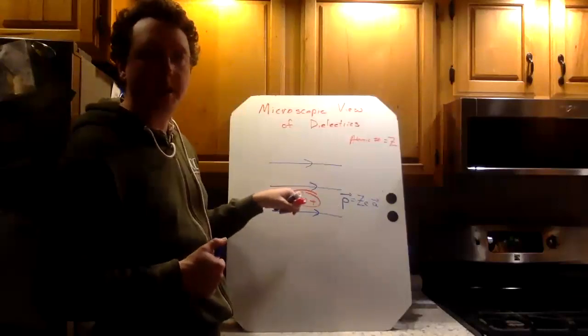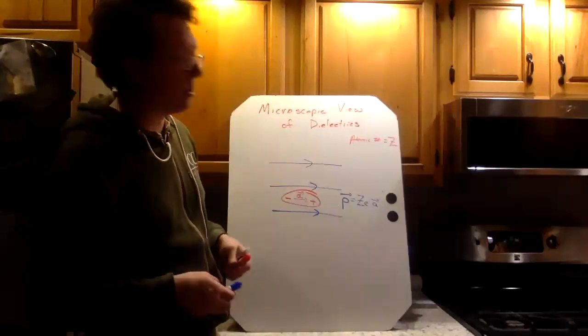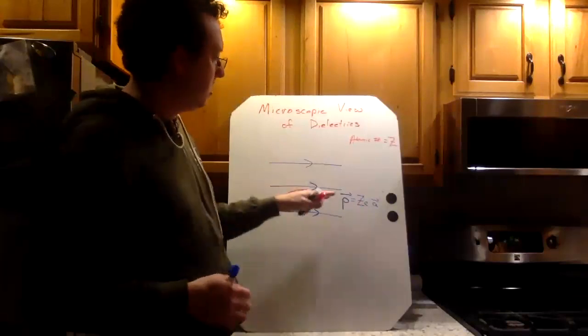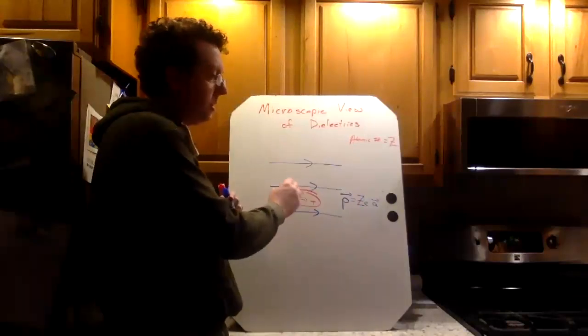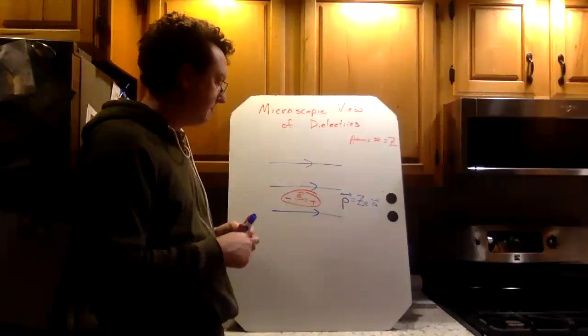That's determined by chemistry, or really by quantum mechanics, but it's some number, a polarizability, which characterizes different atoms.